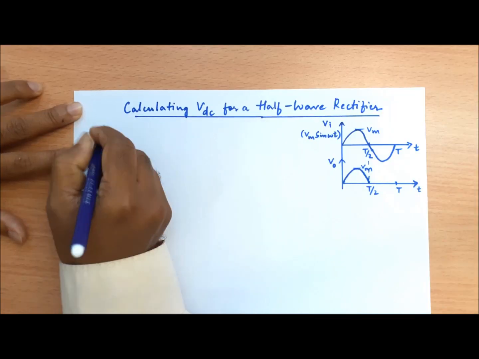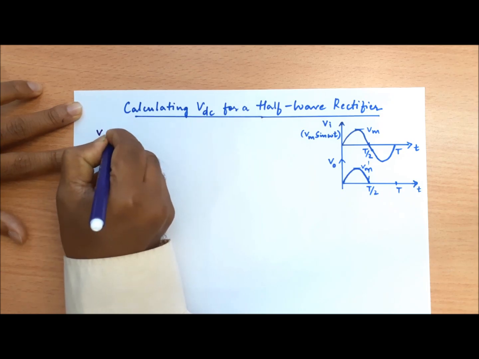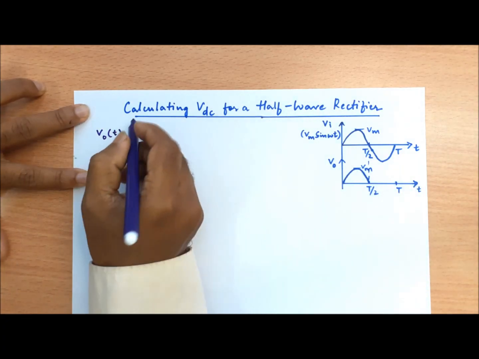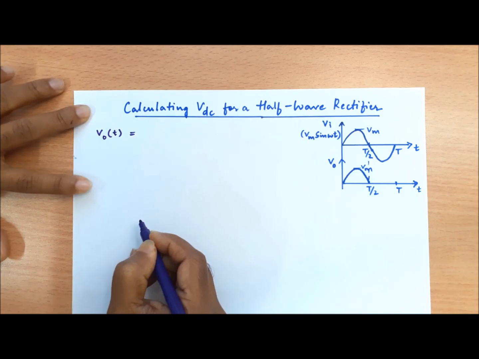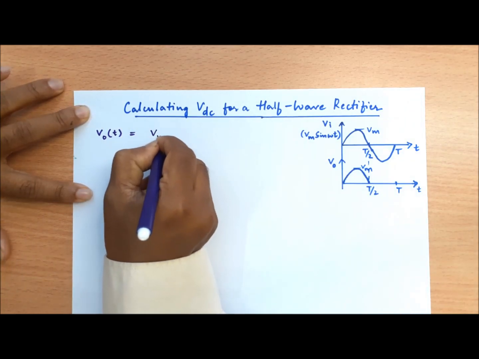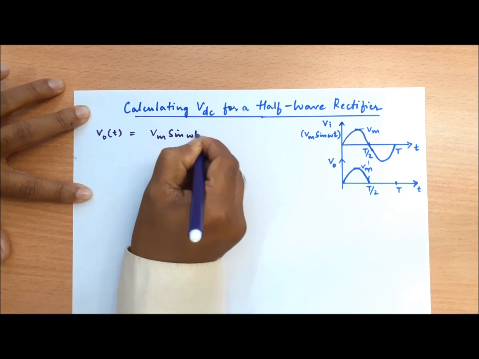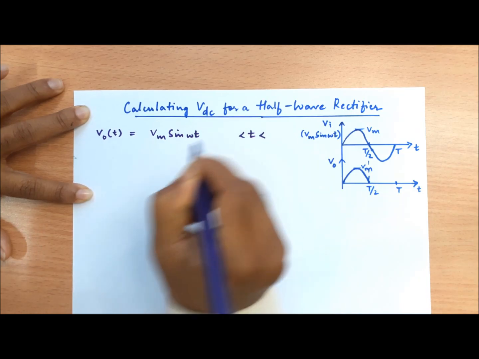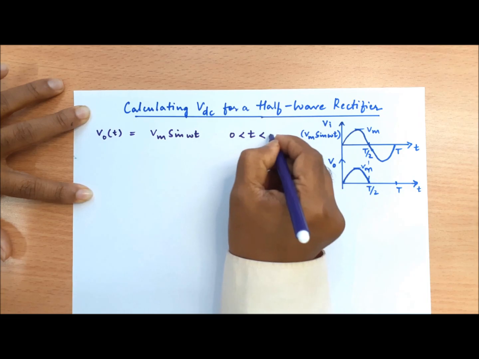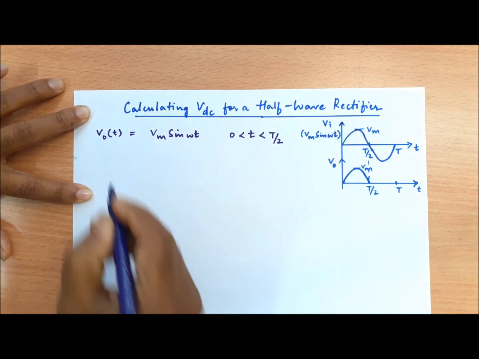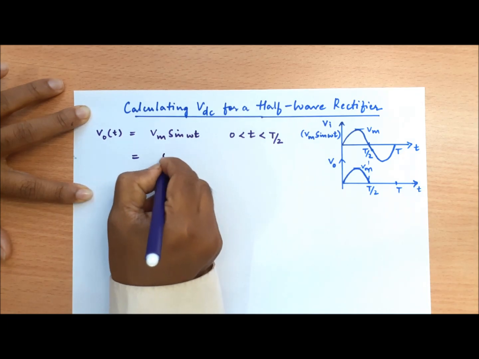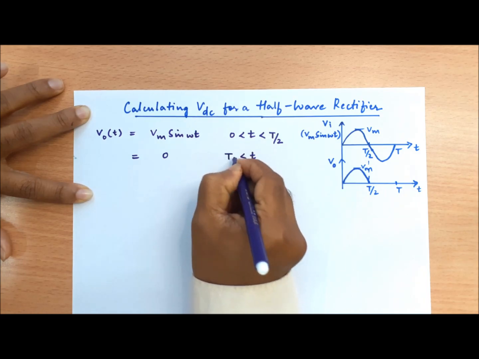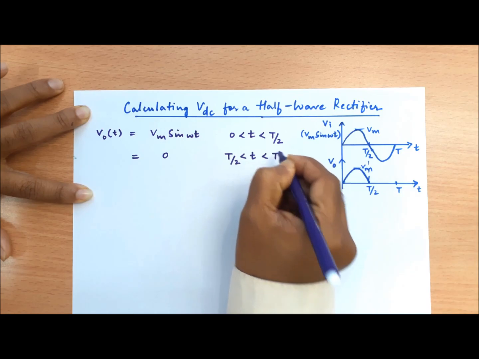The output V naught, which is varying with respect to time based upon the waveforms, can be written as V naught of t equal to Vm sine omega t when t is between 0 to T by 2, and the output V naught of t is 0 when the time t is between the period T by 2 and T.